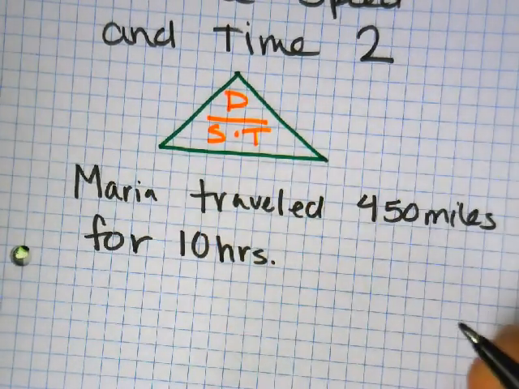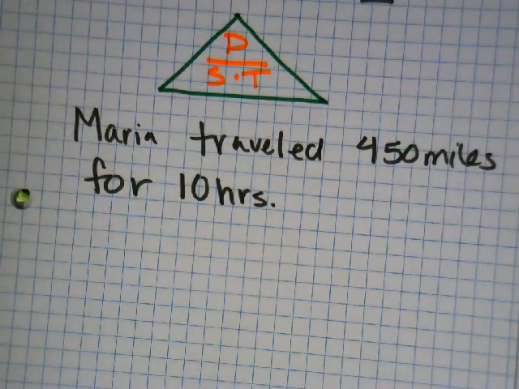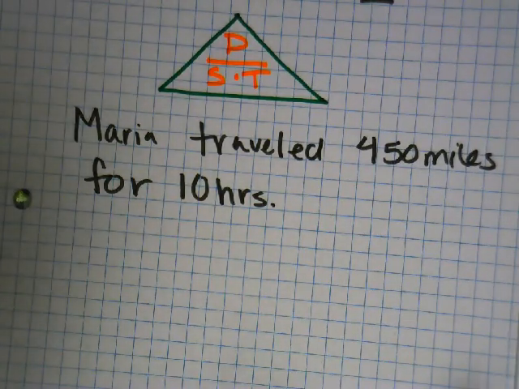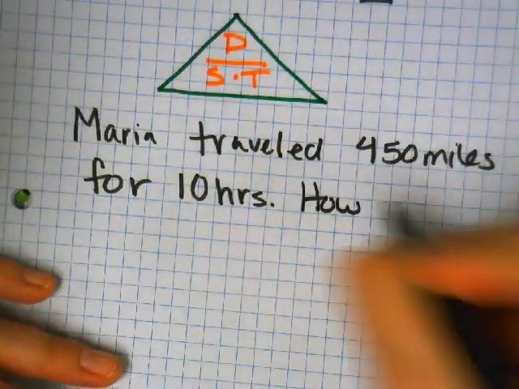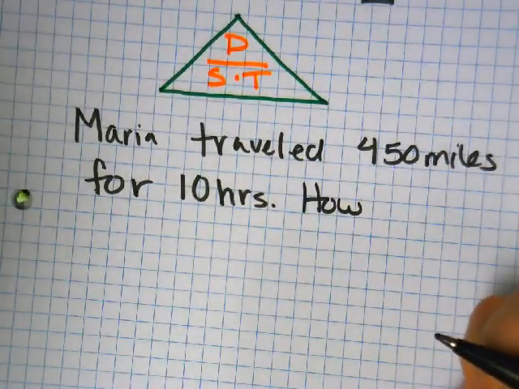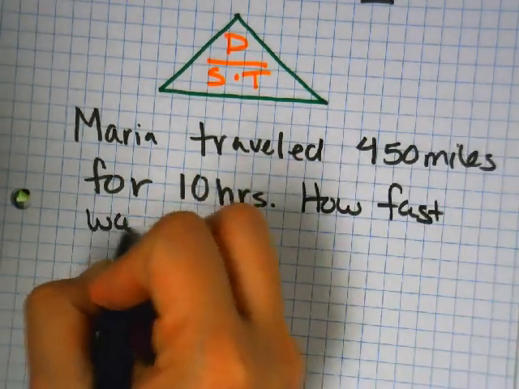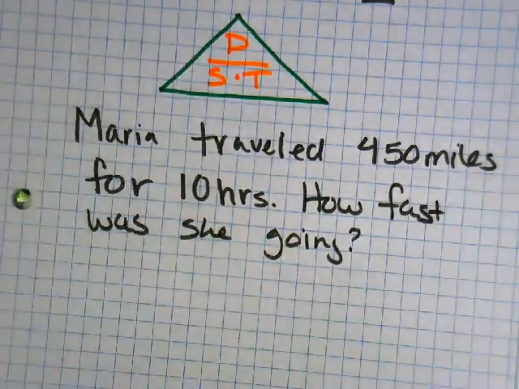What do you think the question's going to be? Maria traveled 450 miles for 10 hours. What do you think the question will be? How fast? Yeah. How fast was she going? Question mark.